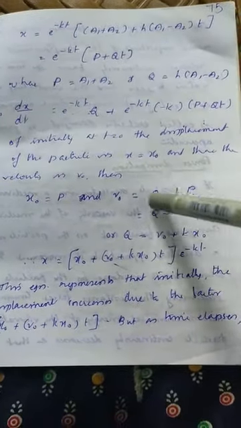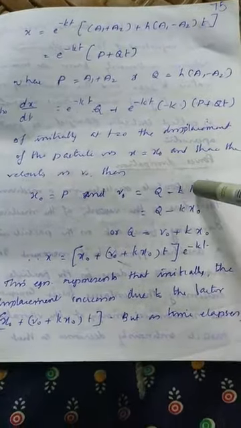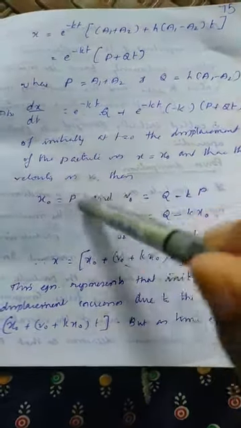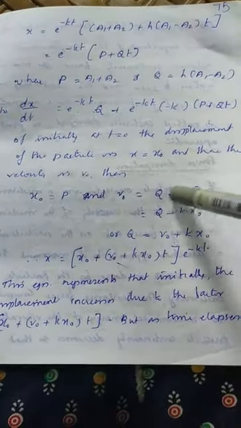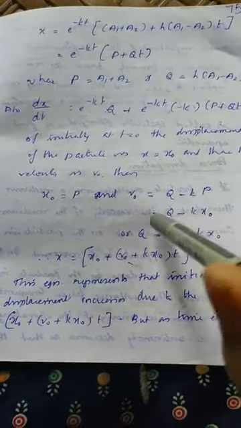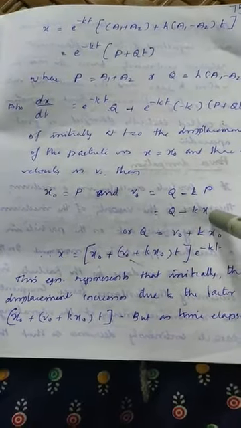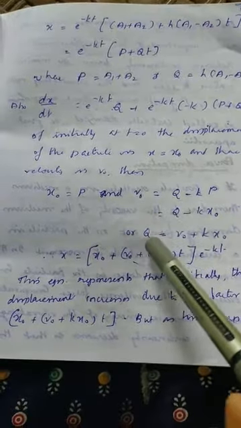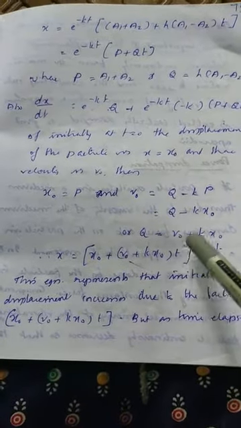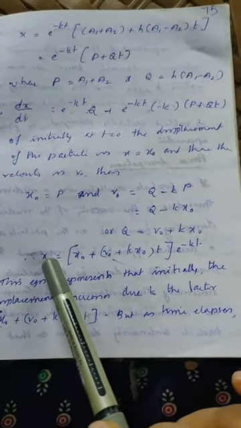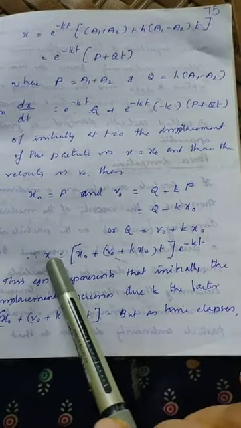That's how this comes. And here p is x0, so we can substitute x0 here instead of p, so that v0 will become q minus k x0, or q is equal to v0 plus k x0.